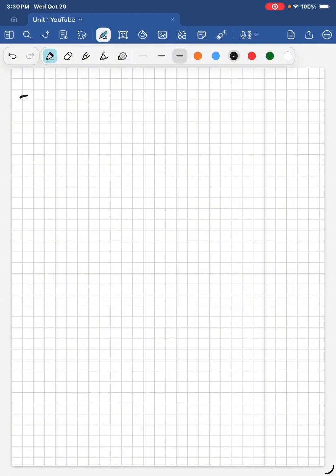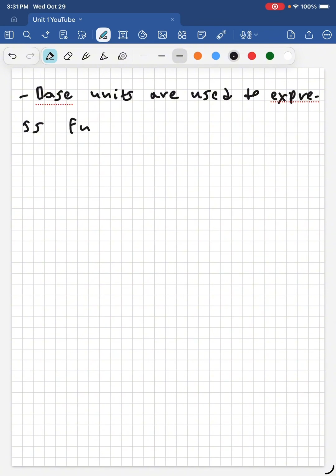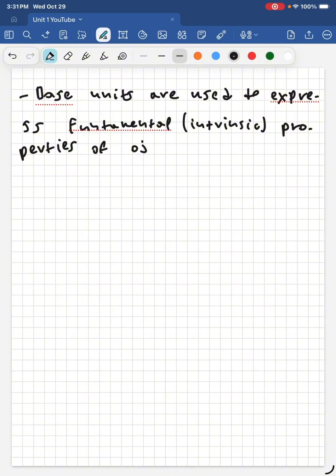So base units are used to express fundamental or intrinsic in nature properties of objects.